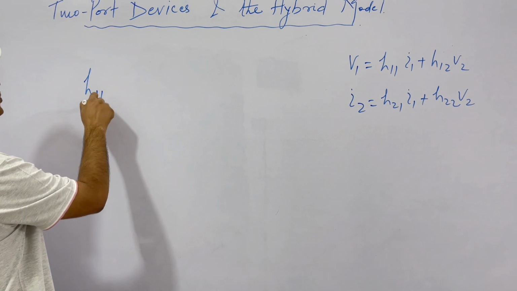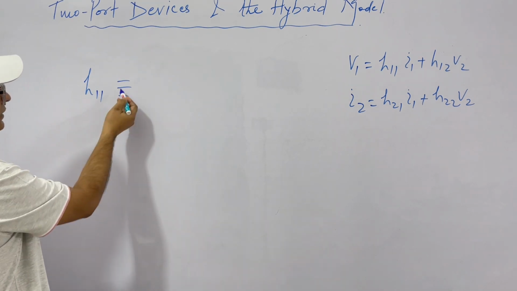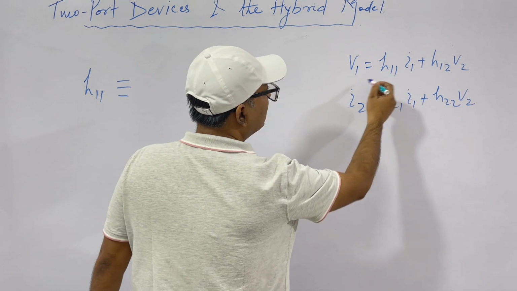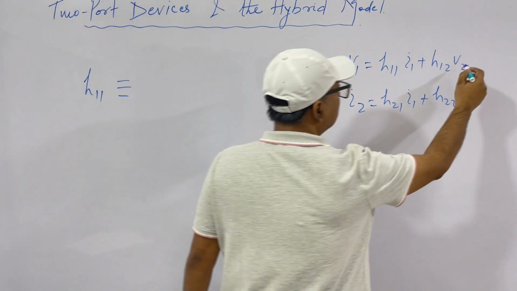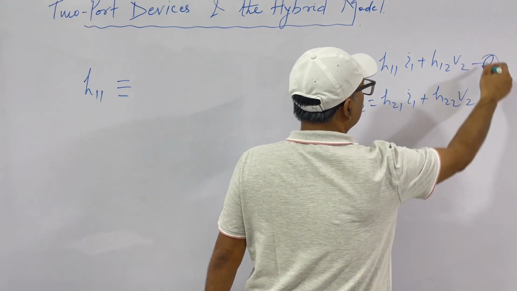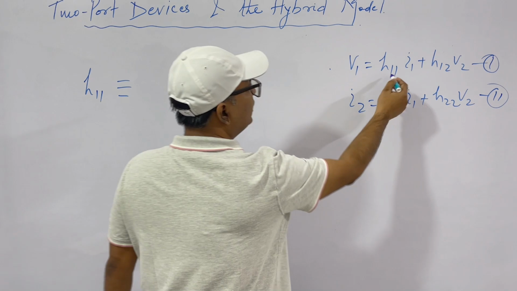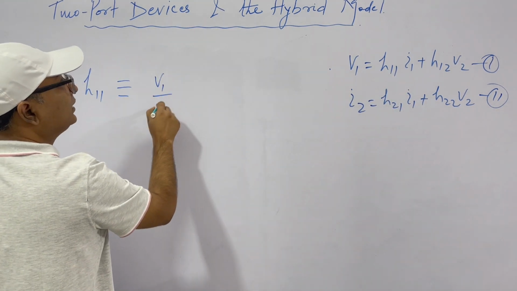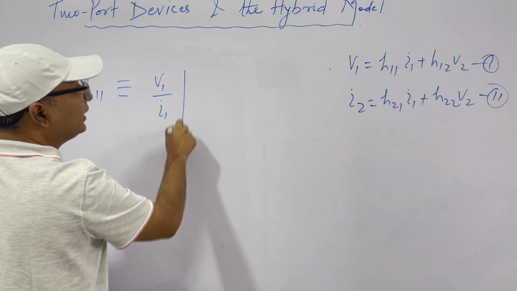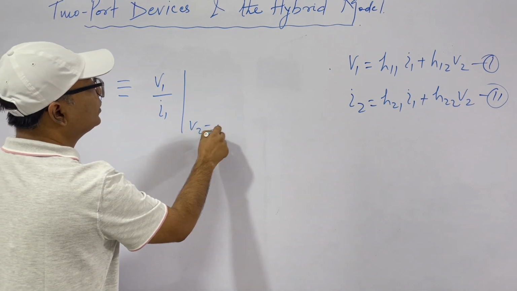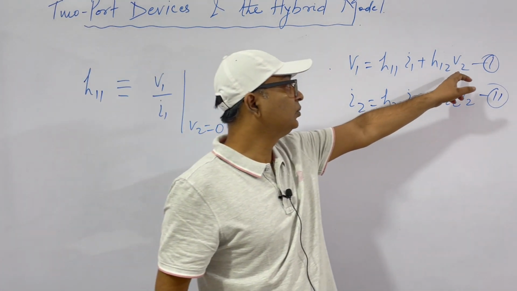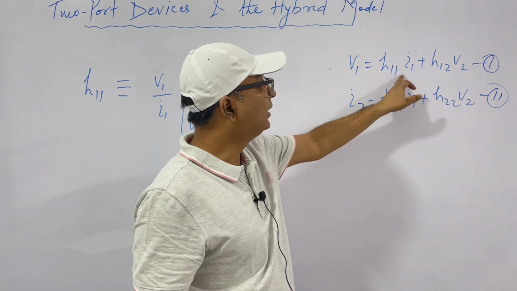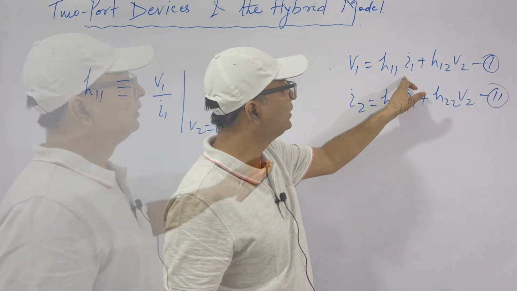H11. H11 is defined as follows. See equation 1. Let's say this is equation 1 and this is equation 2. So in equation 1, H11 is basically V1 by I1 at V2 equal to 0. That is, if you put V2 equal to 0, H11 will be V1 by I1.